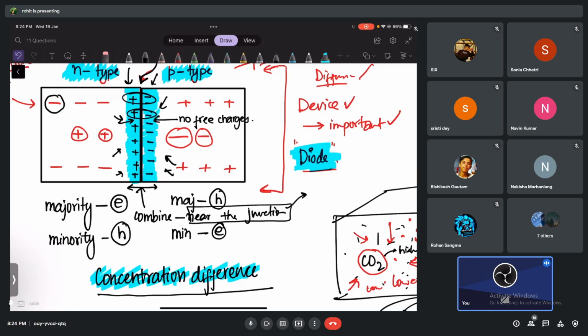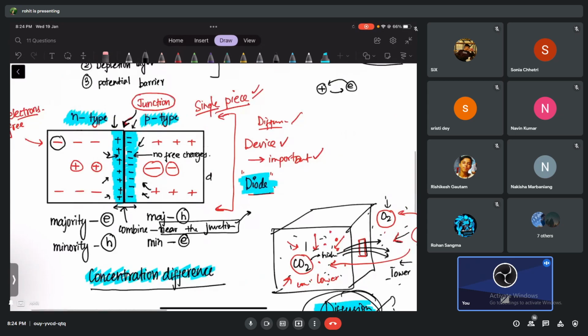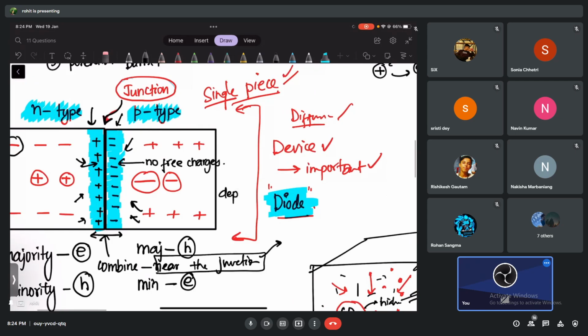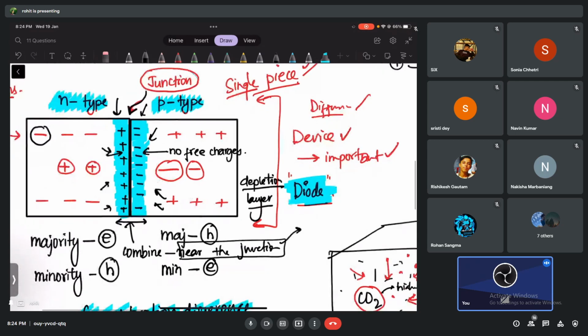So my point is this: this region is called the depletion layer. If you look at the question, one of your questions will be what is the depletion layer. So this region is called the depletion layer. Can you understand what the depletion layer is? This region which I'm marking is called the depletion layer. And what does this region have?